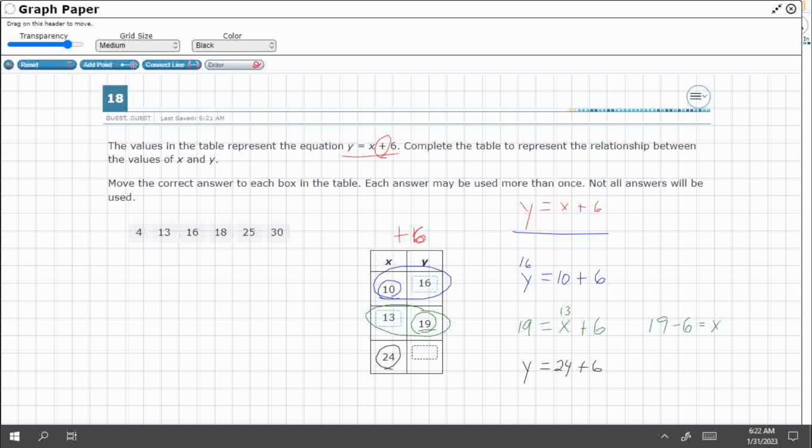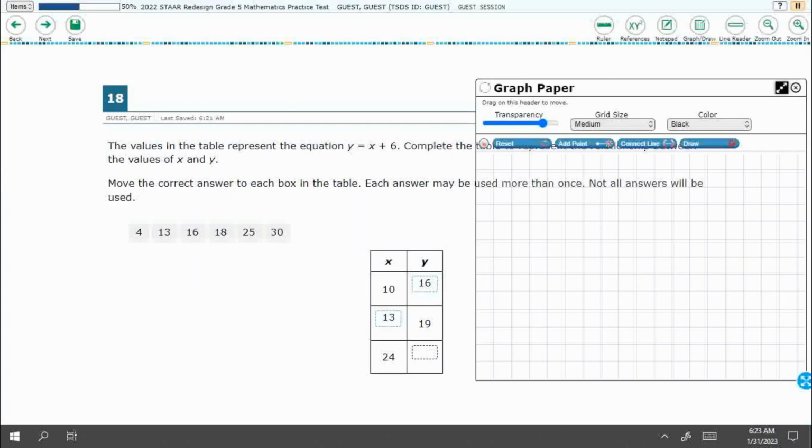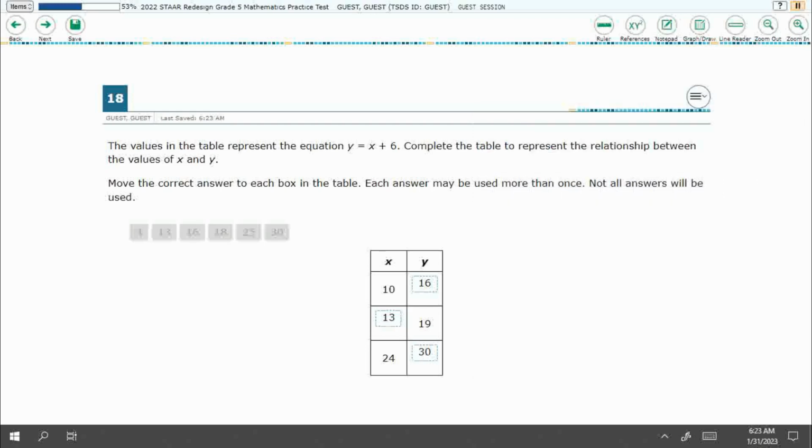So you see how I'm just plugging in either the x or the y into all of these. 24 plus 6, that's pretty easy. That's 30. So we take our 30 here and put it down there. Remember, this is a 2-point problem, so if I get 2 of these correct, I get 1 point. I need to get all 3 correct to get both points. But those are my answers: 16, 13, and 30.